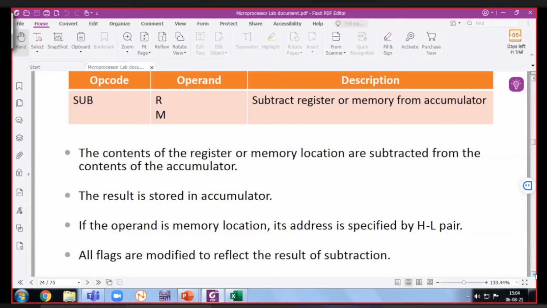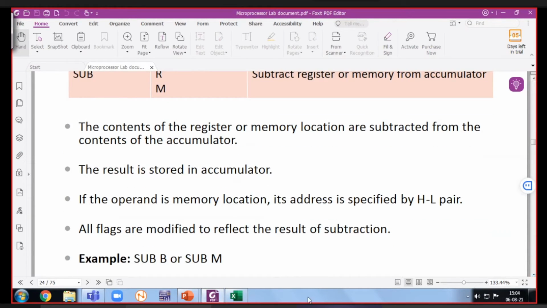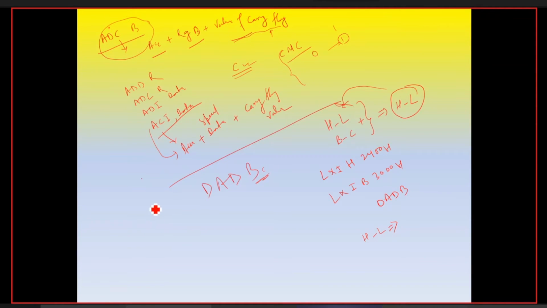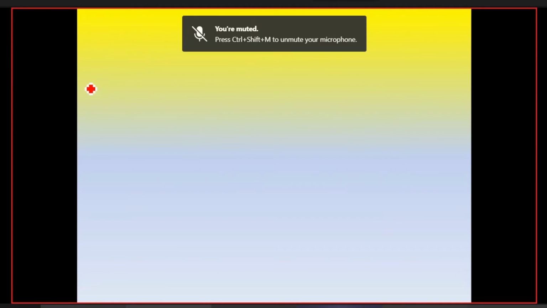Now coming to the SUB instruction, SUB R or SUB M. We cannot write SUB B comma C. One number must be in the accumulator, so we can write SUB A, SUB B, C, D, H, L, like that.